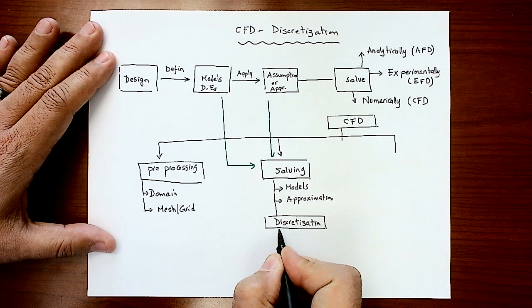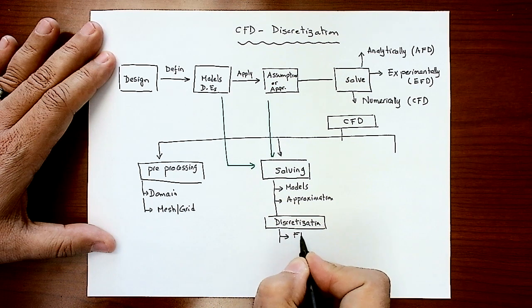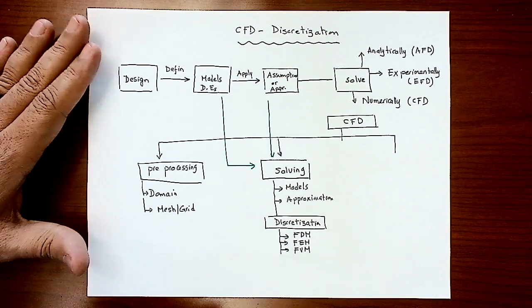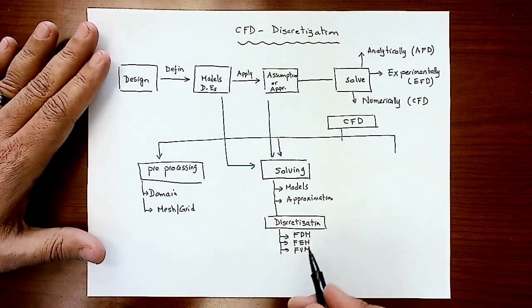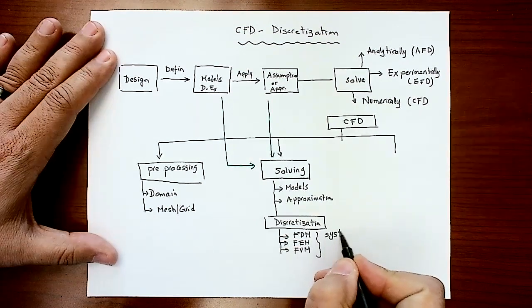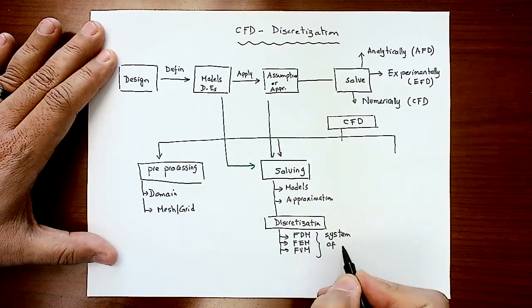And you have three options. You apply the finite difference method, you apply the finite element method, or you apply the finite volume method, right? Then after you do the discretization, you're going to end up with a system of algebraic equations.